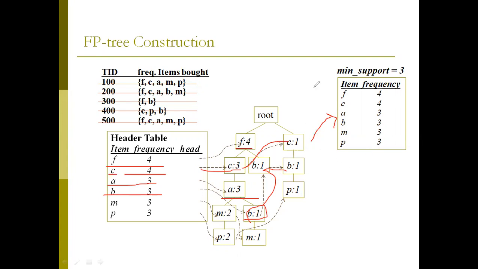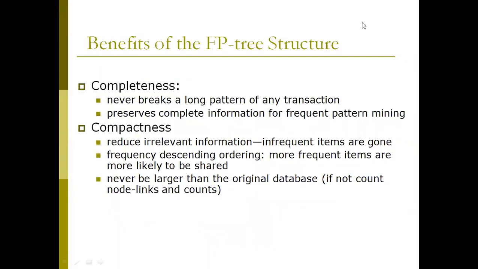Okay, then so what are the benefits of the FP structure? Here we have represented two benefits. The first one is completeness, the second one is compactness. Completeness means it never breaks a long pattern of any transaction. So however long it is grown, we would allow that much in the FP tree.